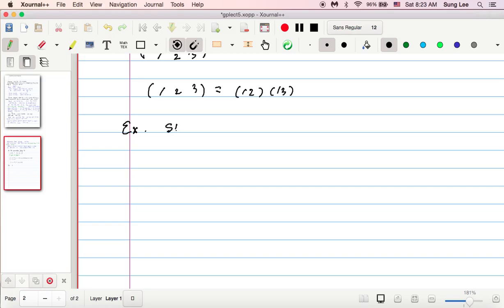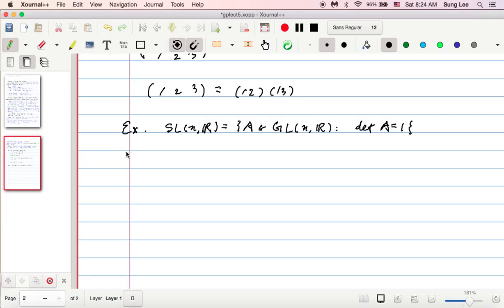So SL of n, R is the set of all A in GL, the general linear group, such that the determinant of A equals 1. You can easily show that this is a subgroup of GL.